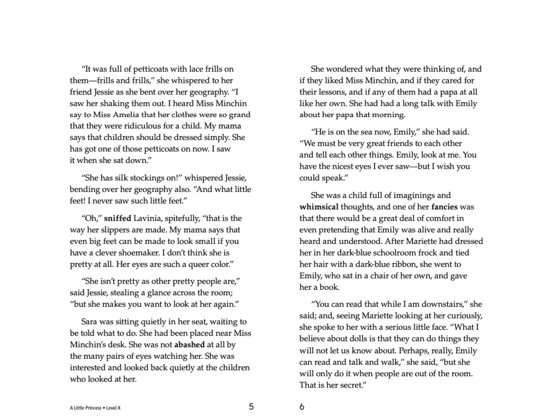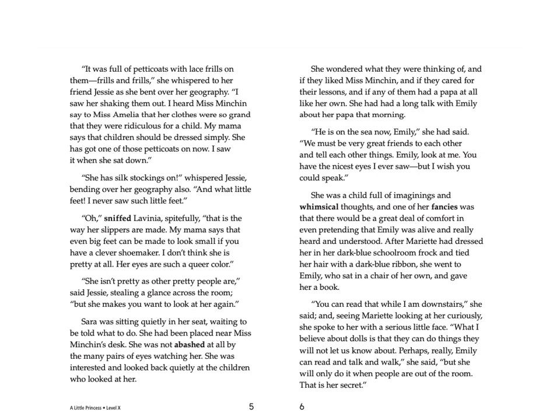It was full of petticoats with lace frills on them. Frills and frills, she whispered to her friend Jessie as she bent over her geography. I saw her shaking them out. I heard Miss Minchin say to Miss Amelia that her clothes were so grand they were ridiculous for a child. My mamma says that children should be dressed simply. She has got one of those petticoats on now. I saw it when she sat down.